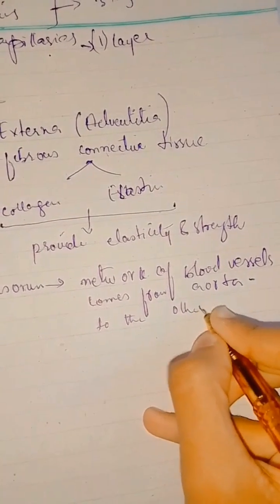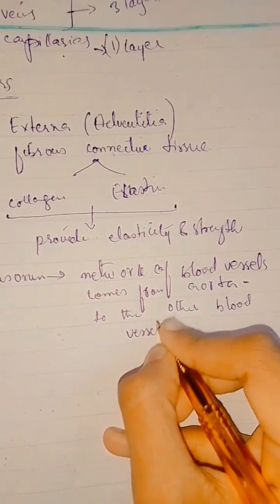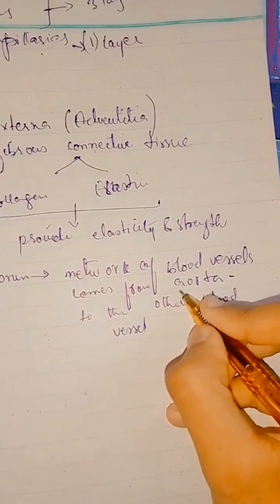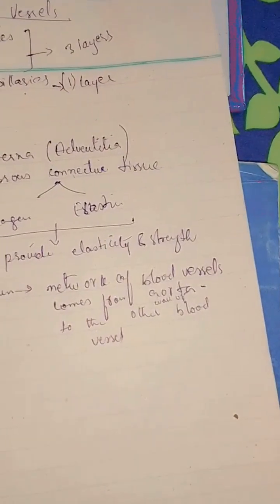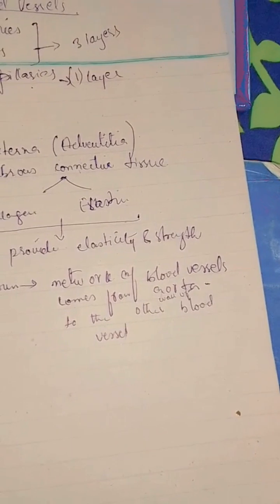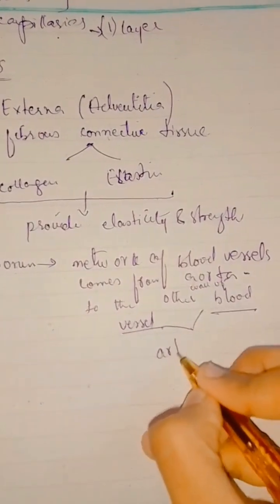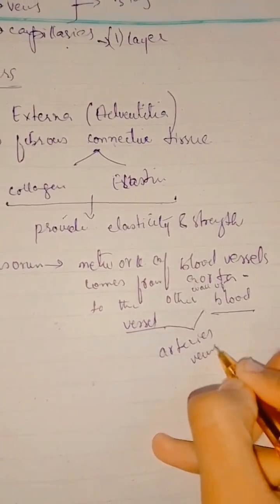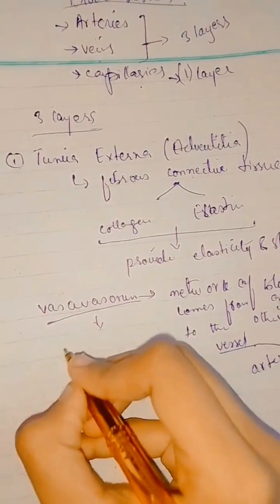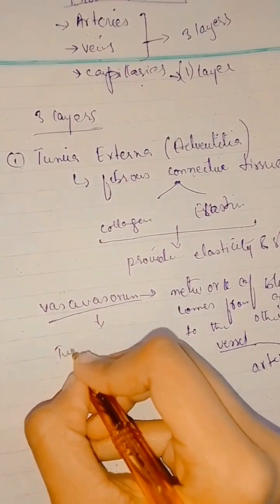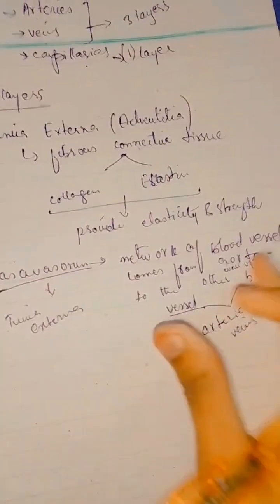So that comes from the aorta and moves to the walls of other blood vessels. What are the other blood vessels? Other blood vessels are arteries and veins. Vasa vasorum basically enters directly into the tunica externa layer of both arteries and veins.